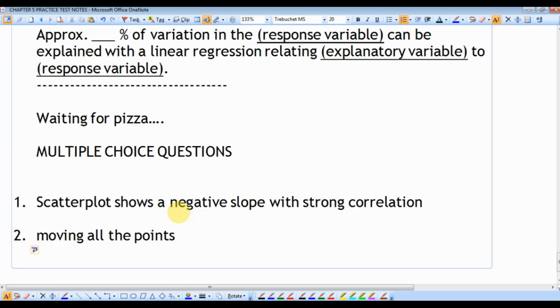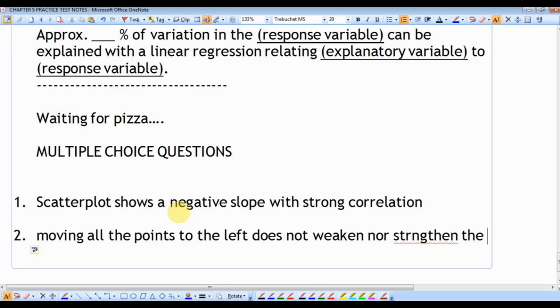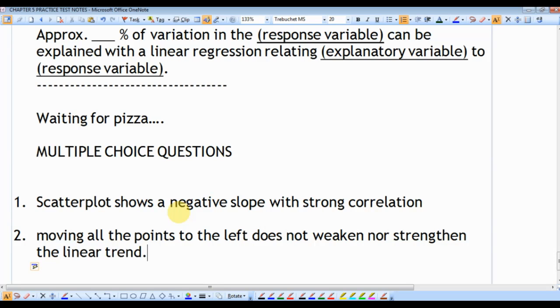That doesn't weaken or strengthen the trend. So if we're not weakening the trend and not strengthening the trend, then the measurement of the relationship should stay the same.